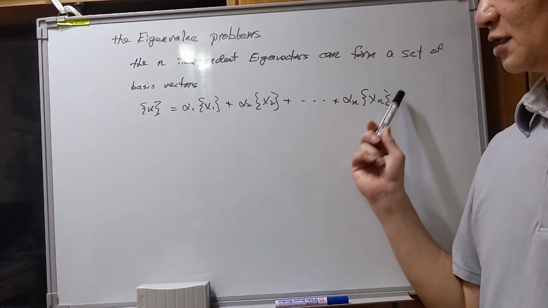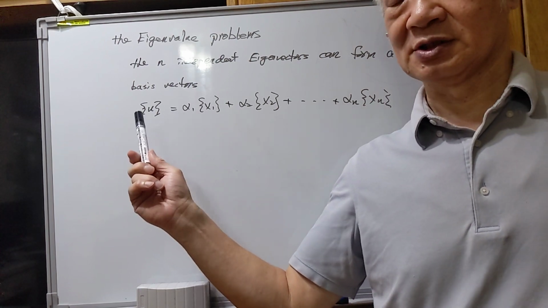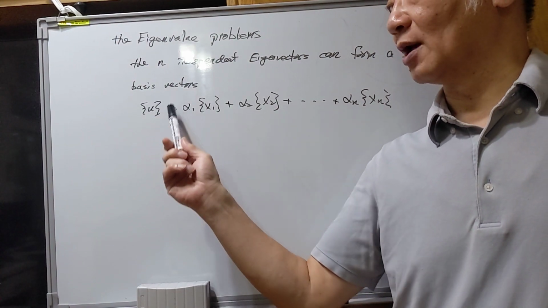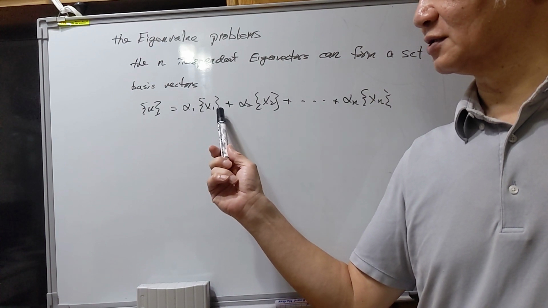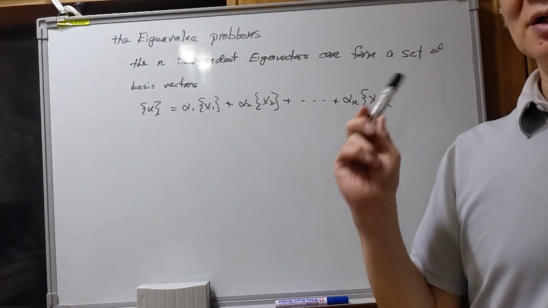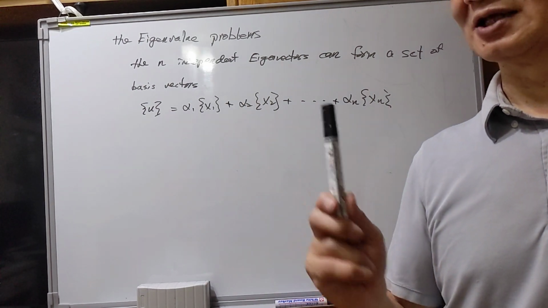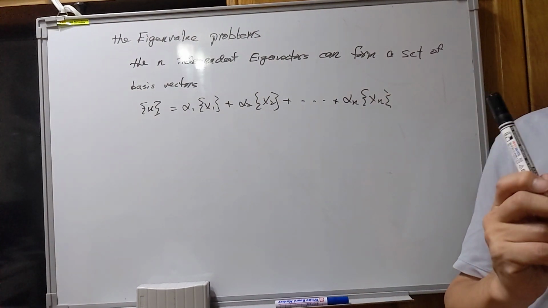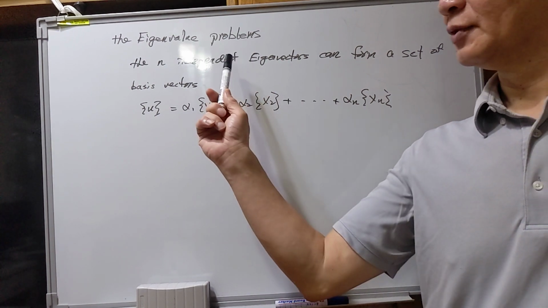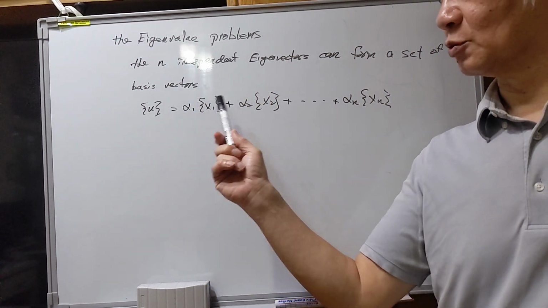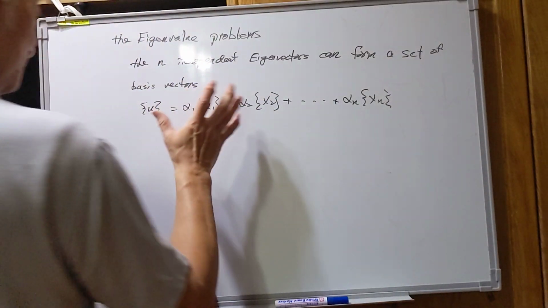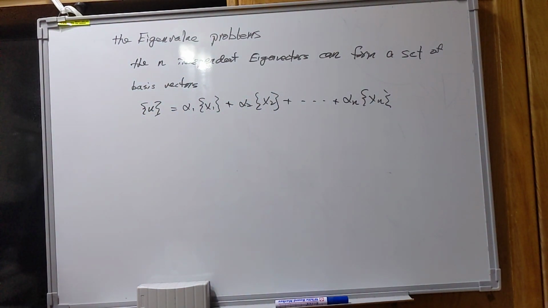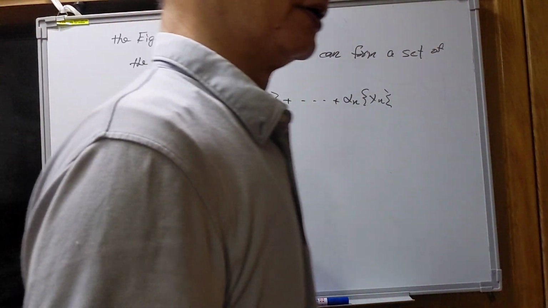We can use these expressions to express all the n by 1 vectors. So we can say x1, x2, until xn are a set of basis vectors. For eigenvalue problems, we can always get this. That's another important theorem you must remember.